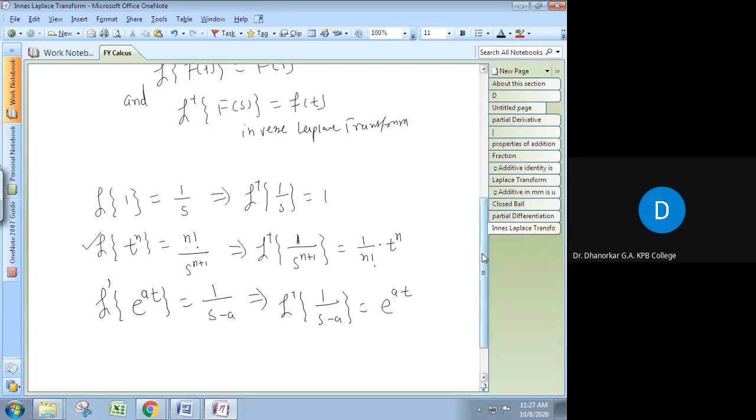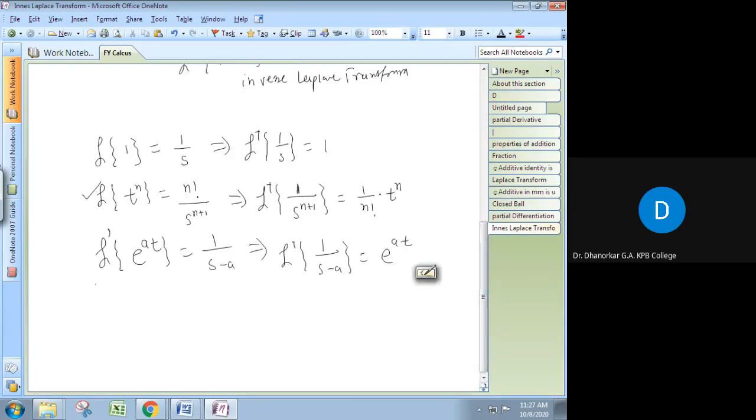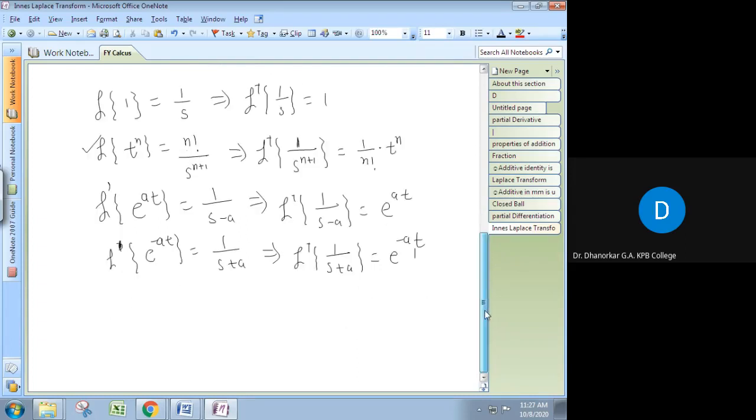I will write the same formula: the Laplace transform of e raised to power minus at is 1 divided by s plus a. Then L inverse of 1 divided by s plus a is nothing but e raised to power minus at. Again, keep in mind, if we know the Laplace transform very well, then we can easily find the inverse Laplace transform.